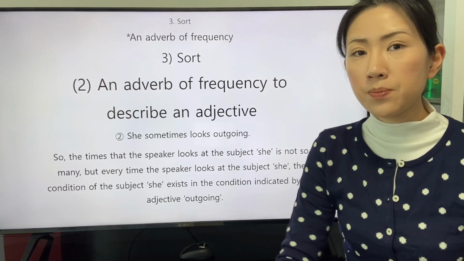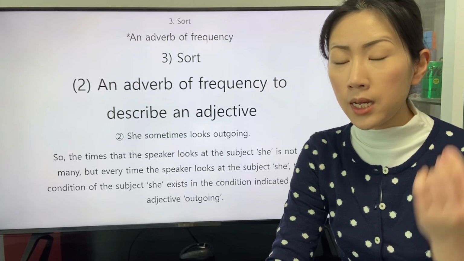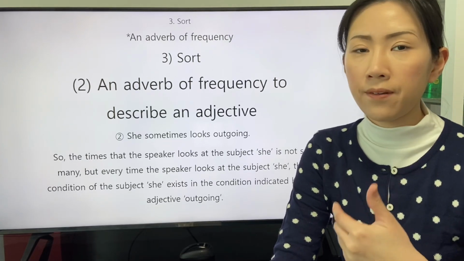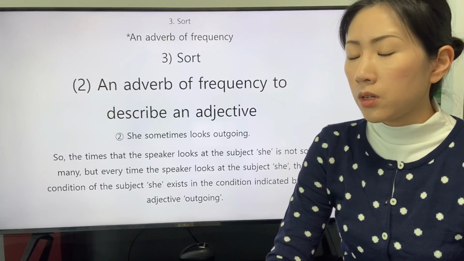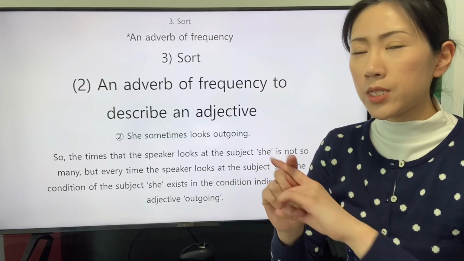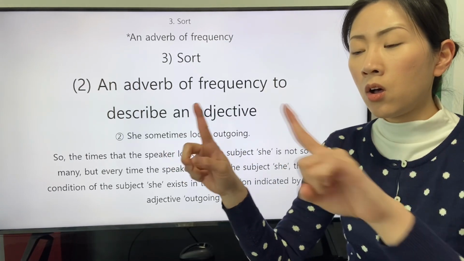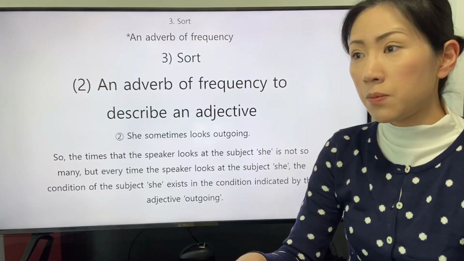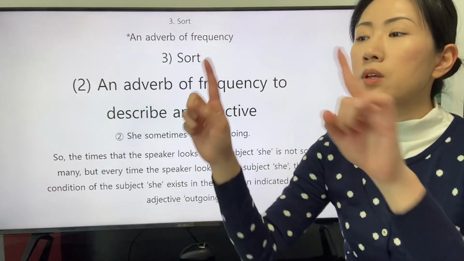What is the difference between the transitive verb see and the intransitive verb look? The transitive verb see describes an action of the subject with the object.